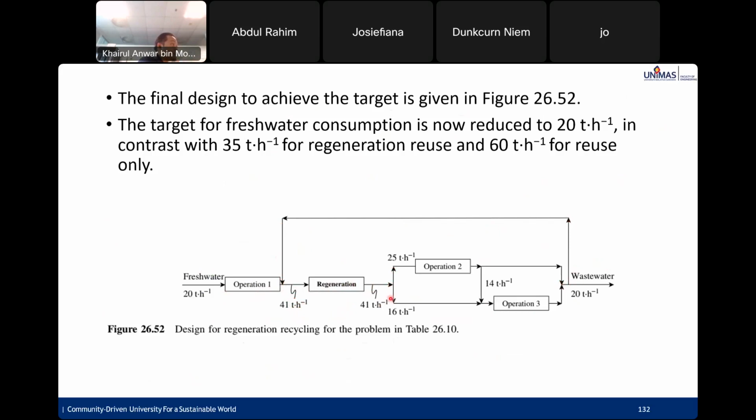From here, 25 goes to operation 2, 60 to operation 3. 14 ton per hour from operation 3 goes and mixes with 16 and 13. So at the end, 20 water in, 20 water out.